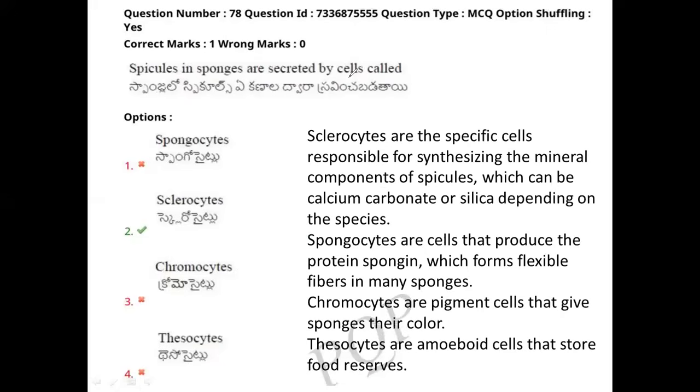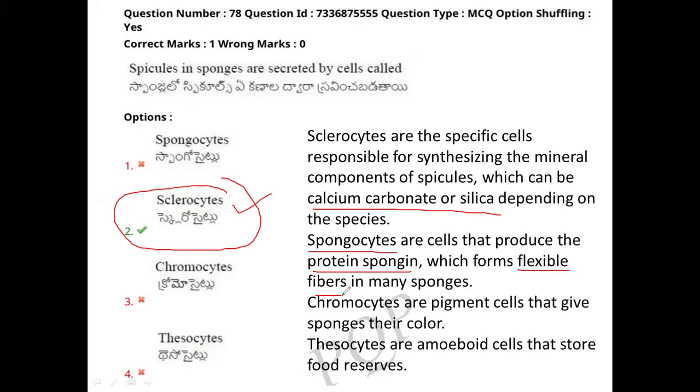Spicules in sponges are secreted by cells. So spicules in sponges are secreted by the sclerocytes. The calcium carbonate and silica responsible for the formation of spicules are secreted by the sclerocytes. Next is spongocytes. They produce the protein spongin, responsible for flexible fibers in many sponges.